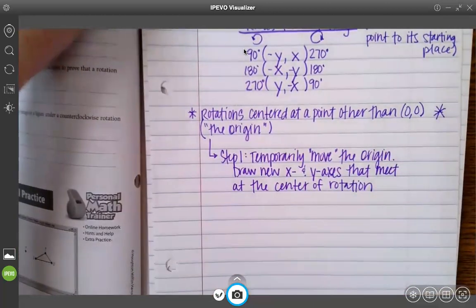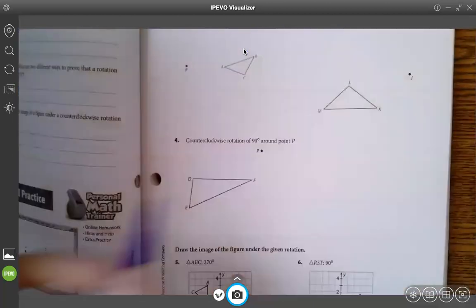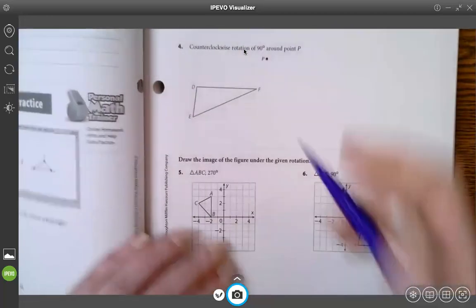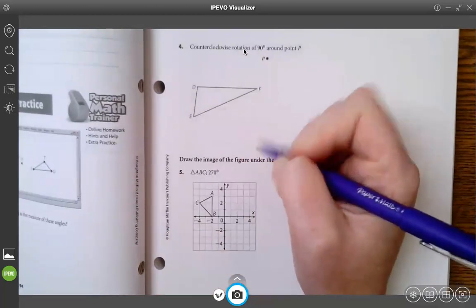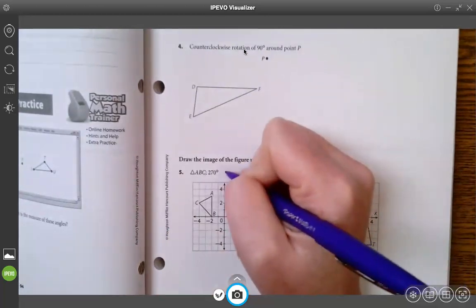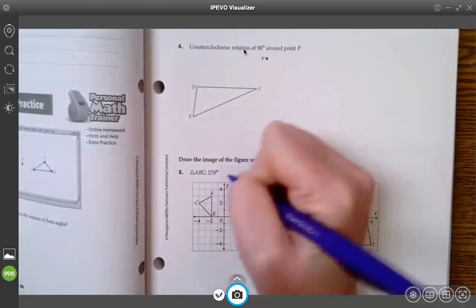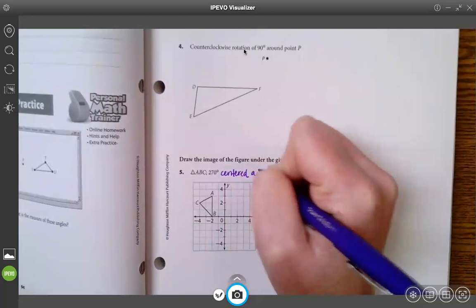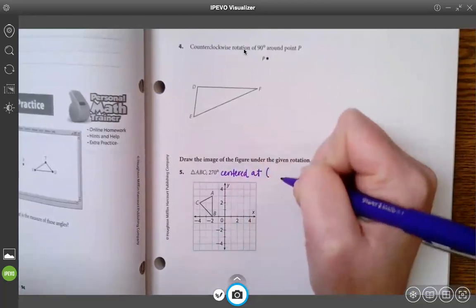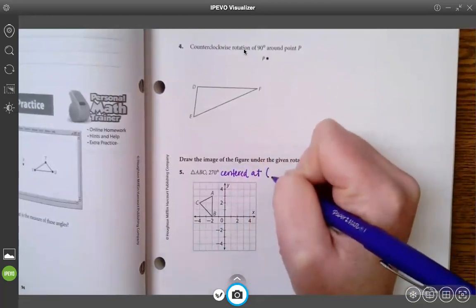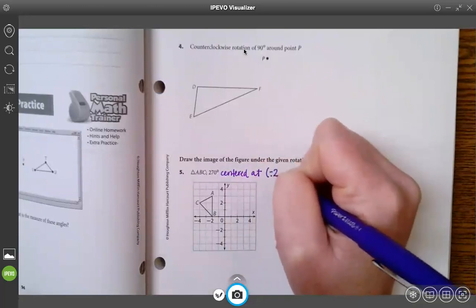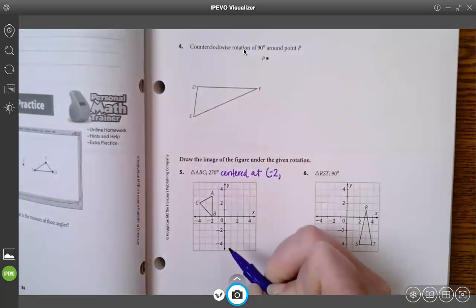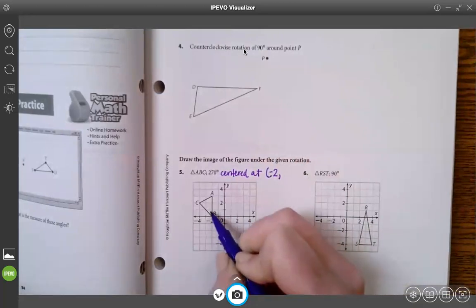So let's see what that would look like. In our book on page 95, I'm going to use some of these examples. Let's say that we're going to do 270 degrees, centered at -2, 2.